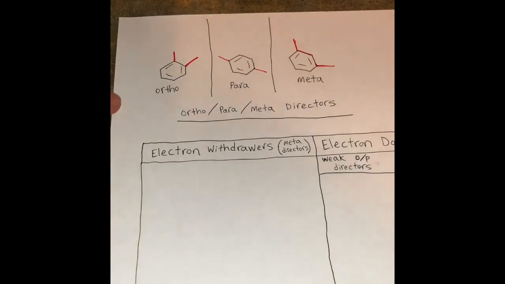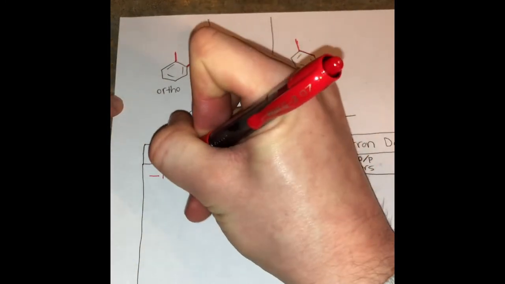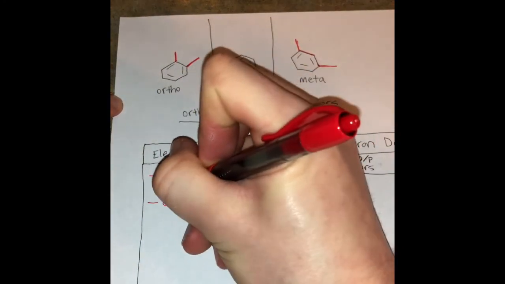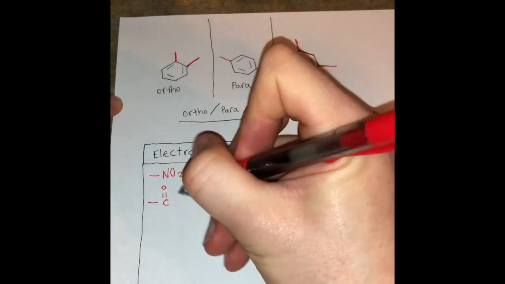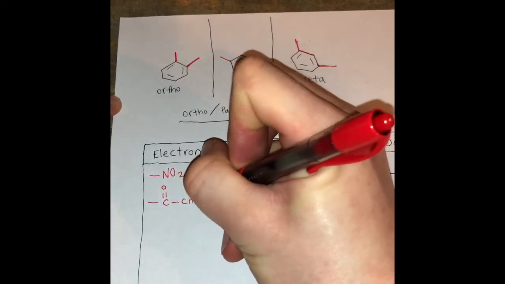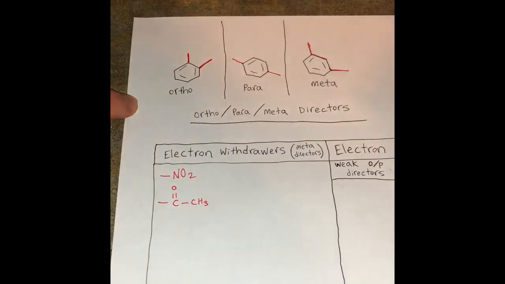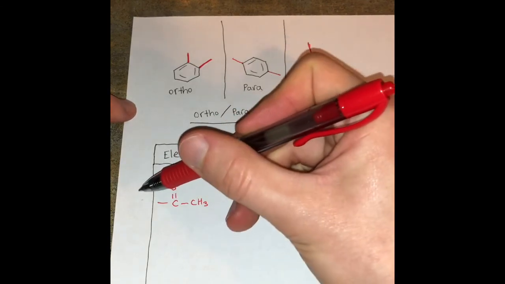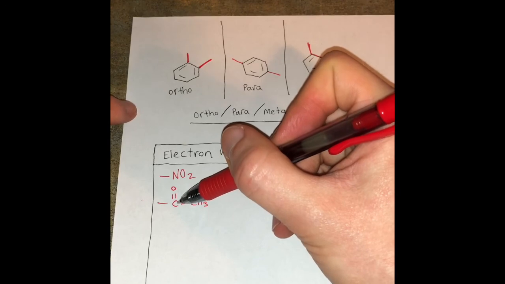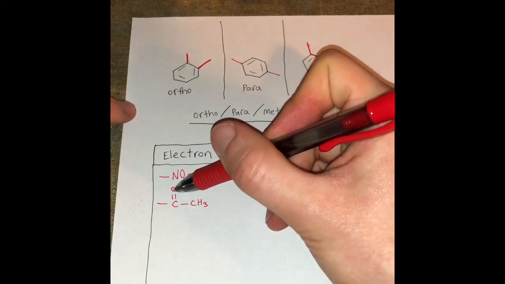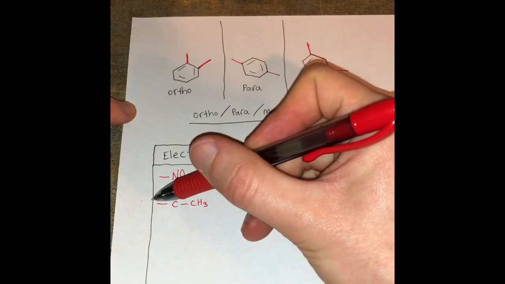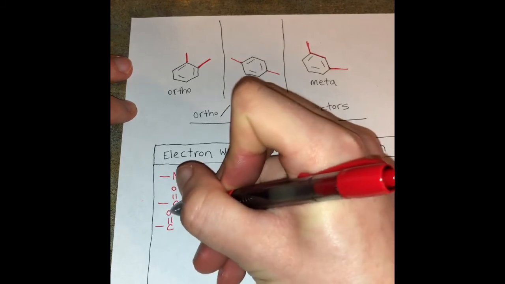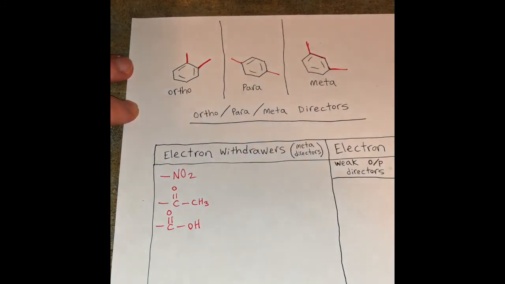These are meta directors, and they are these groups: NO2, if we have a carbon with a double bond O bonded to our benzene, a lot of times, actually I think in every case when you have a double bond O bonded to your benzene, this is going to be a withdrawer, so we can add in another carbon, double bond O, OH, carboxylic acid group.